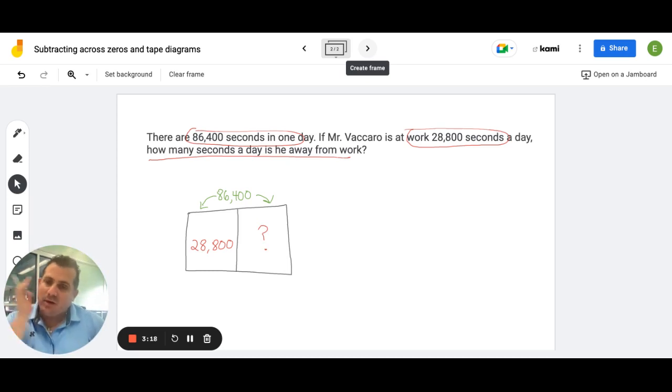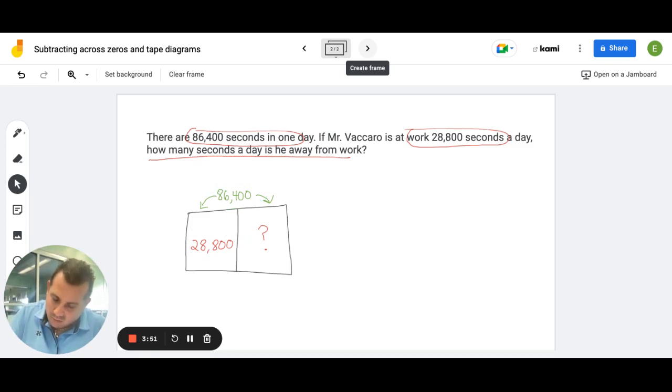When I look here and ask what operation I am doing, am I going to add or subtract? Well, I know this is my total amount, what I have all together in one day. And I have one part here of how many seconds I'm at work, and I'm trying to find out the amount of seconds where I'm not at work. When you add the two parts, that's going to give me my 86,400.